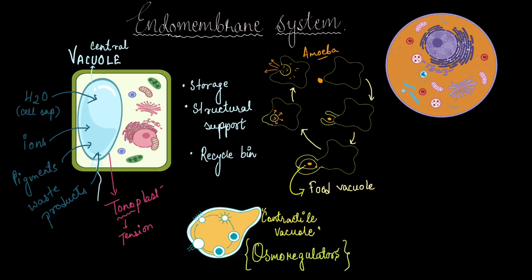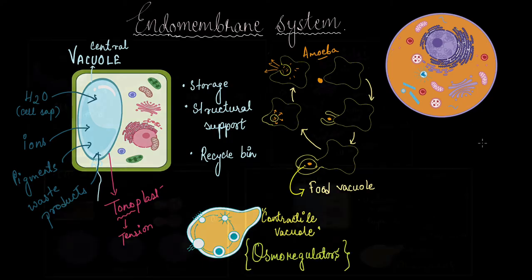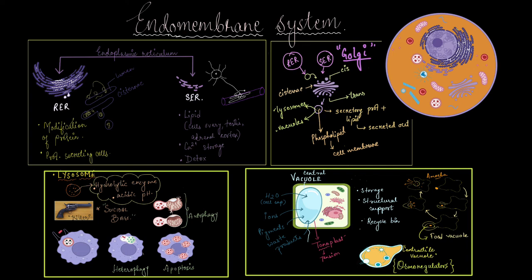So with this, we have come to the end of the endomembrane system. So these are the 4 organelles that we discussed under the endomembrane system. They work in a coordinated fashion in order to help the cell perform and survive. These are the endoplasmic reticulum, the Golgi body, lysosome, and the vacuoles.